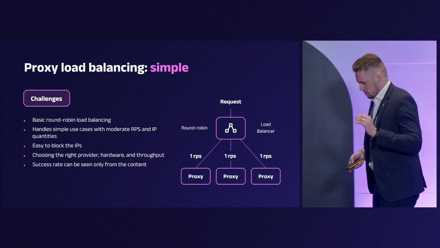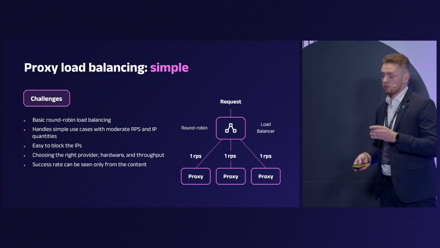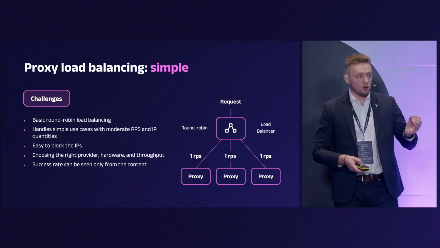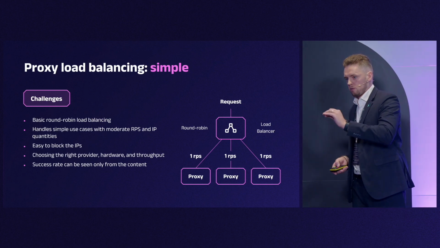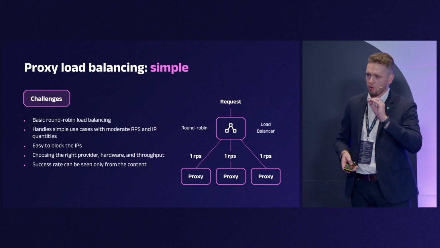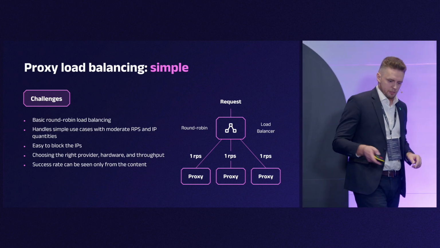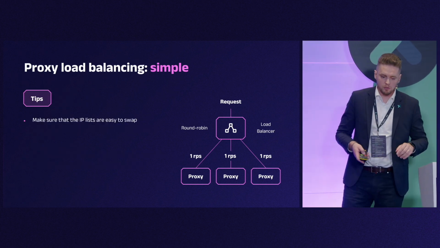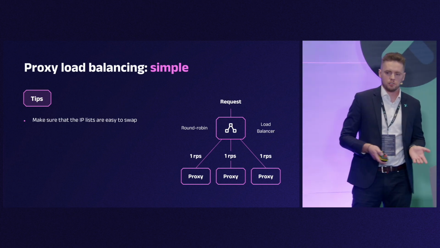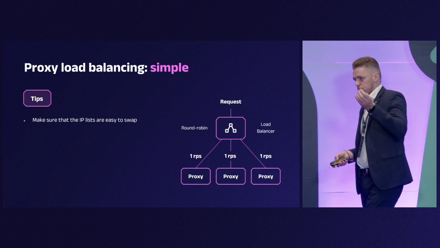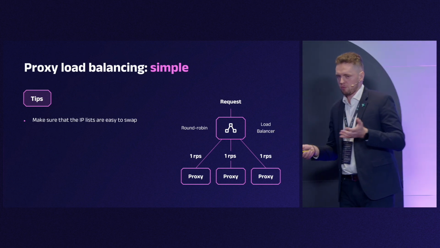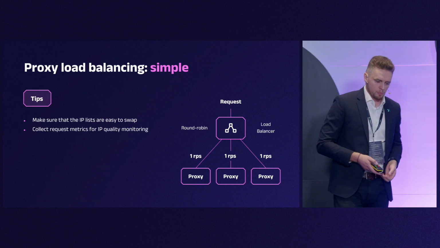One interesting note is that success can only be measured from the content that you get, not at the proxy level, because it misses the key component, which I'll talk about a bit later. And so, the tips. Make sure that IP lists are easy to swap, because you will block IPs and you need to change them, so you need really good means to change.